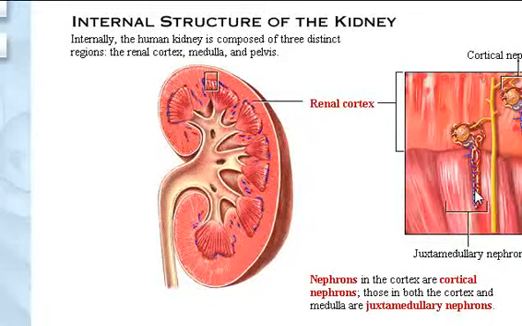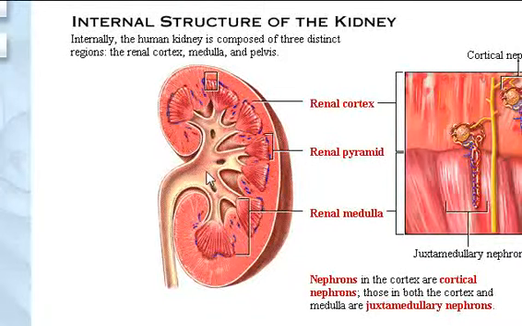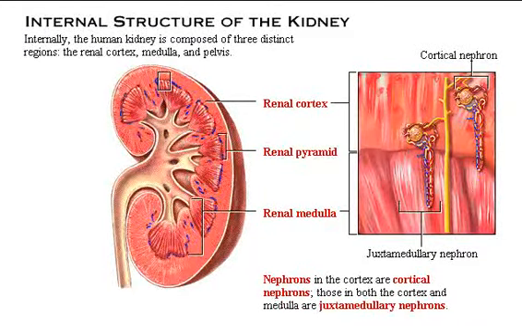The second region is the middle layer, called the renal medulla, in which you can see the triangular renal pyramids. Talking about the medulla, sorry about that, I'm recording again.